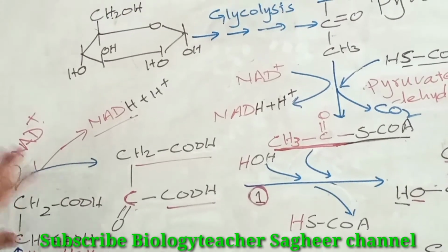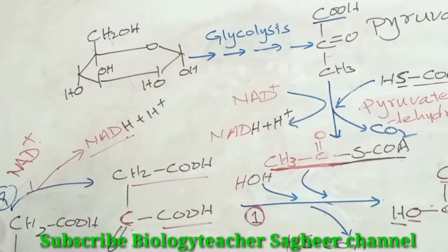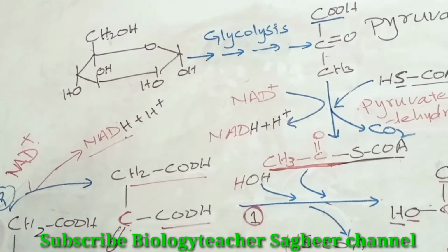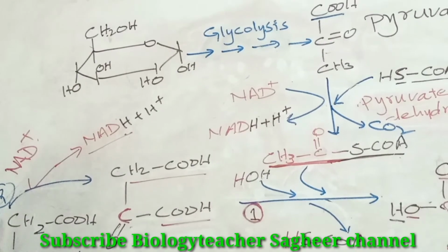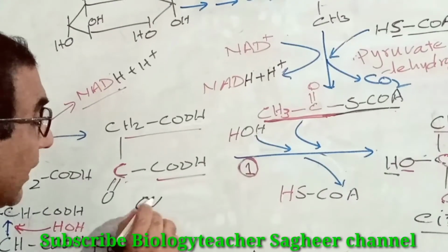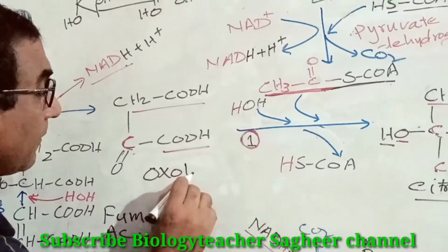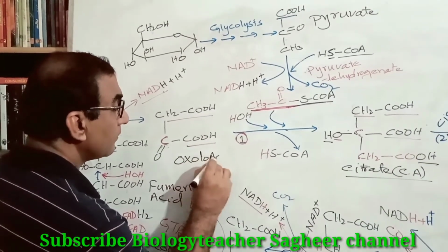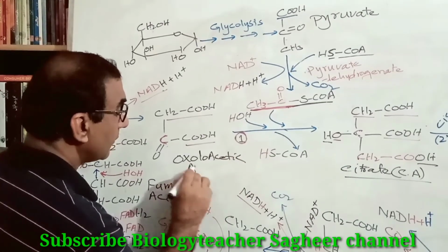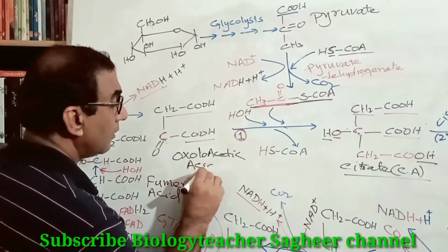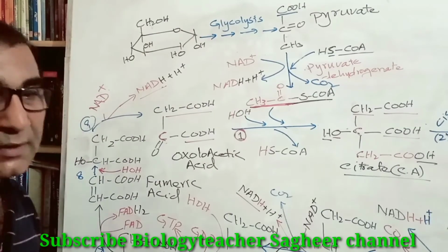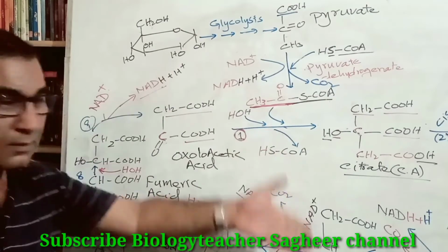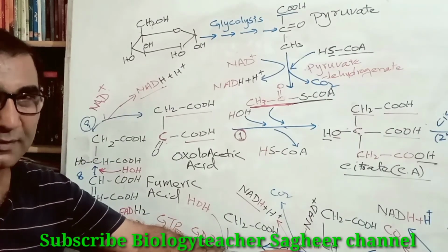And you see that very place you have reached where again oxaloacetic acid is formed. Oxaloacetate is formed, and by that the Krebs cycle is completed.